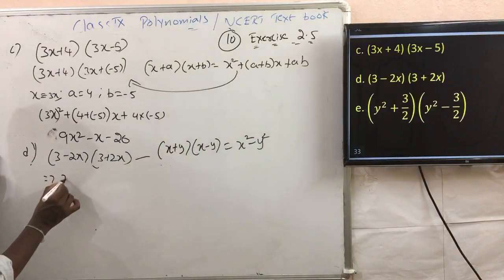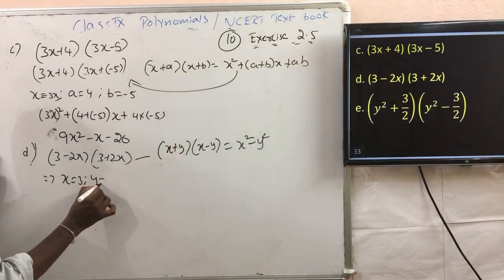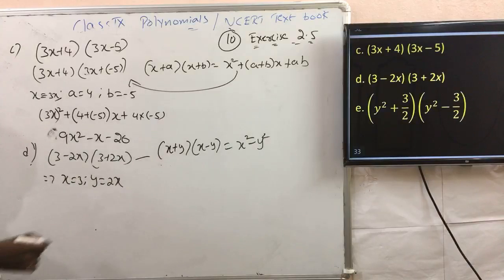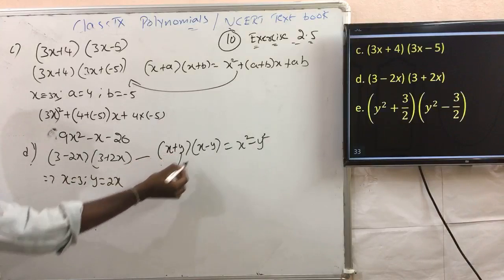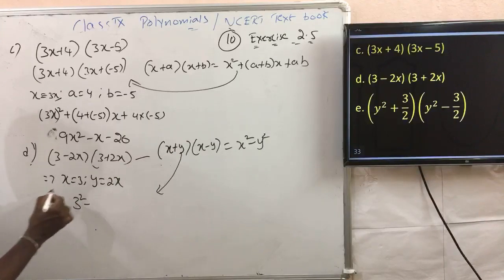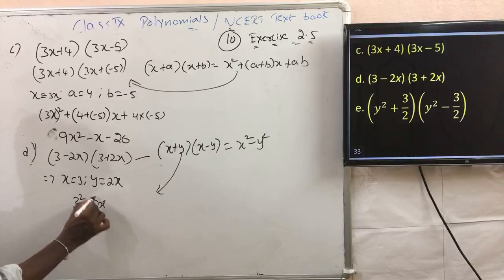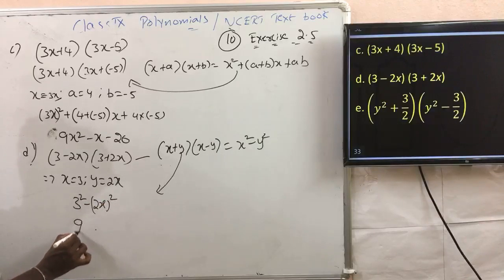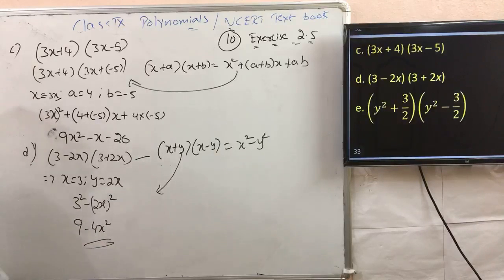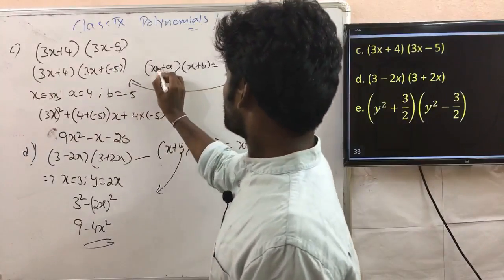So here x equals 3 and y equals 2x. Using this identity you can write x square, that means 3 square, minus y square, that means 2x whole square. 3 square is 9, 2 square is 4, x square: 9 minus 4x square. Observe when we have to use this.